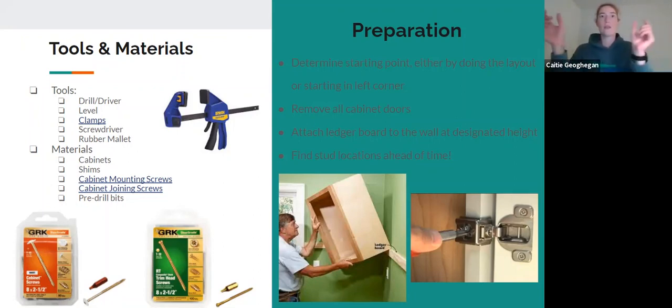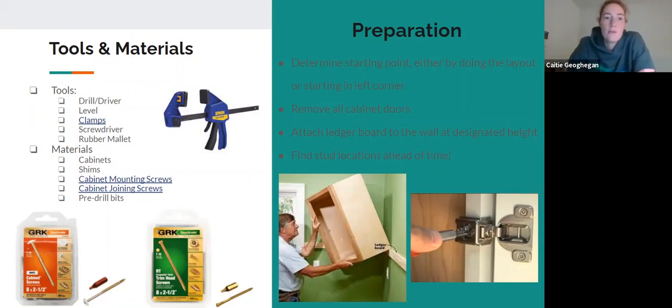If I know I have some funky spacing, like a kitchen window centered in the wall, and I want my cabinets to be the same distance from that window, then you could start with those 2 cabinets and work out towards the corners from there. That would be fine as well. It's just good to figure that out ahead of time, right?